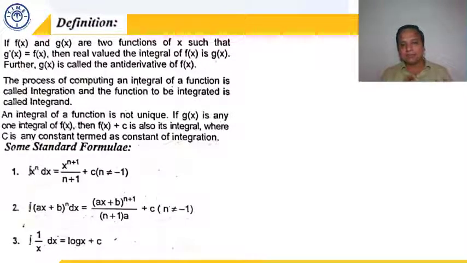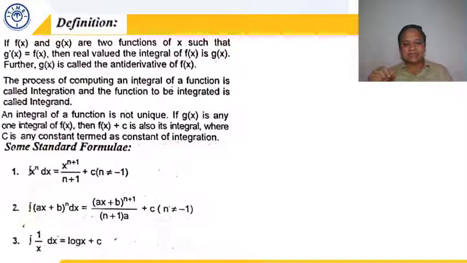So we get the integral of (ax plus b) to the whole power n is (ax plus b) to the power n plus 1 divided by n plus 1, and then divided by the differential of ax plus b, which is a, plus c. Do not forget to put plus c. c is the constant of integration. The only assumption is n should not be equal to minus 1.